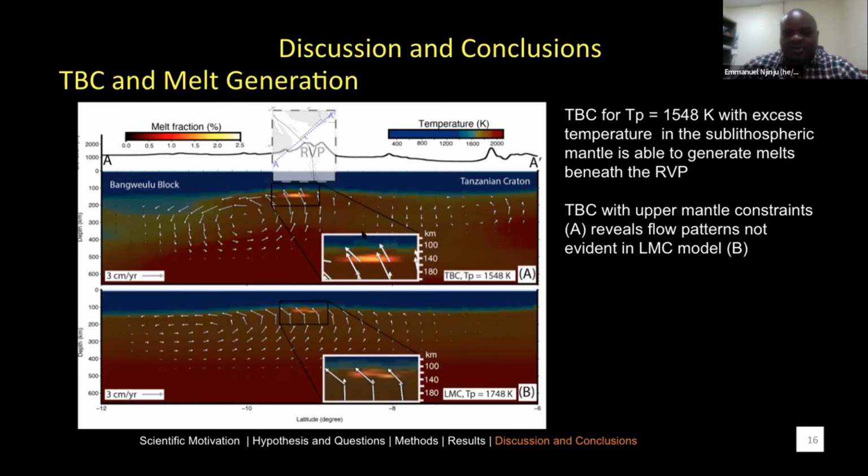But for the tomography-based convection, this melt is generated at a lower mantle potential temperature than in the case of lithospheric modulated convection, with potential temperature of up to 1748 Kelvin. This shows that it's very important to include upper mantle constraints if we want to better model mantle flow.